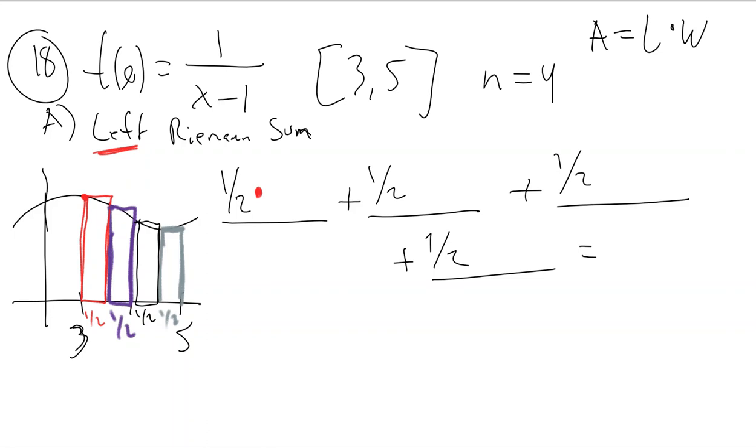But the length, well, it depends where it hits the function, and it depends on if it's a left Riemann sum, a right Riemann sum, or a midpoint. But this red one, his length is going to be equal to the y value when x is 3. That's where I think the picture helps. It gives you a visual. I want this y value, which is the y value when x is 3, or the same thing as f of 3. So I guess I'll just do f of 3 the first time.